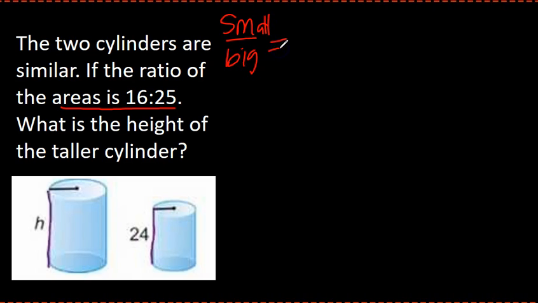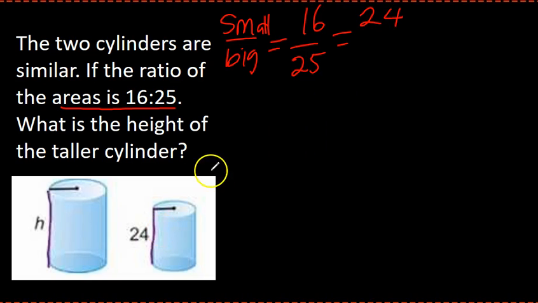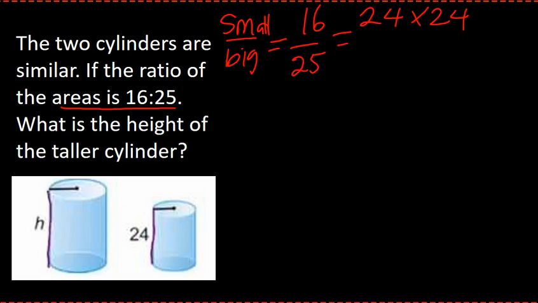So 16 over 25. Since we have that, we put the small on top, so 24. Since the height is one-dimensional, we must multiply it by itself to make it two-dimensional. 16 is an area, so it is two-dimensional already.